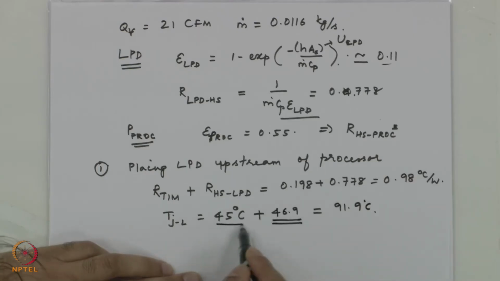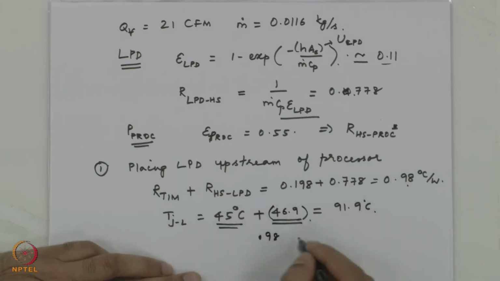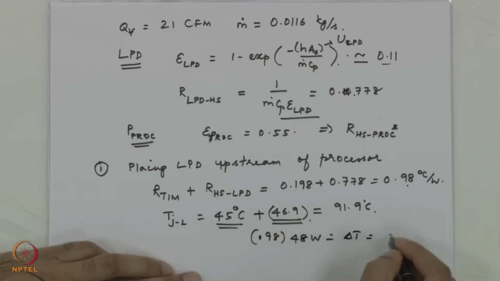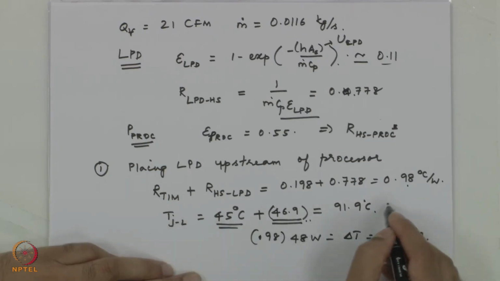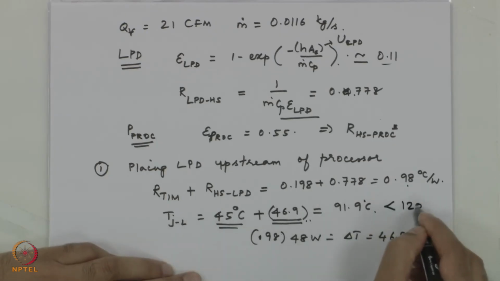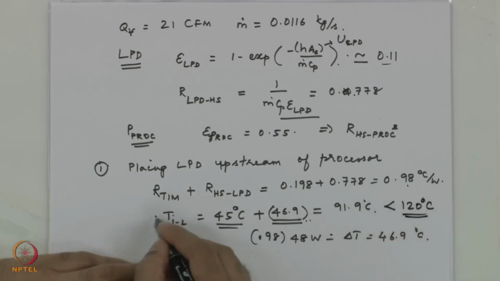So, this is the inlet temperature and this is the temperature rise obtained from this, that is essentially 0.98 times 48 watts gives me the delta T, and that is 46.9 degree Celsius. So, the junction temperature is 99.9 degree Celsius and it is much less than the 120 degree maximum that is allowable for the low power device. This is the low power device junction temperature.